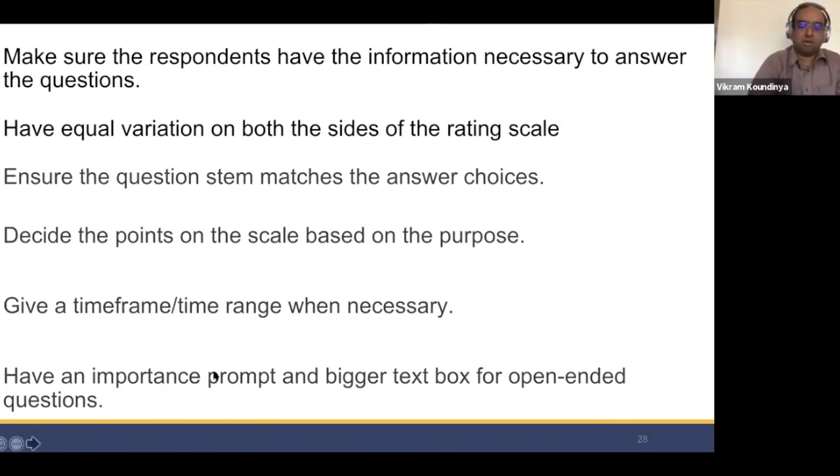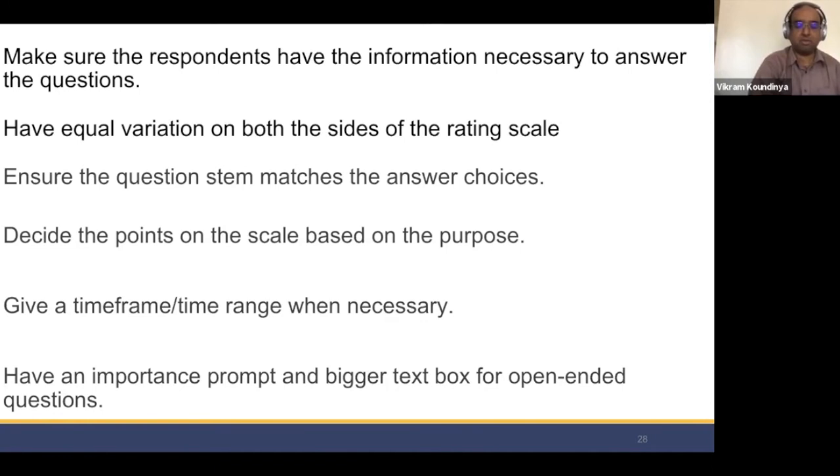And then if you are using open-ended questions, the size of the text box matters. According to research done at the University of Florida, giving an importance prompt, saying this question is very important for us to know, and giving a bigger text box, like if you're using Qualtrics, you can use the essay option, has been found effective.